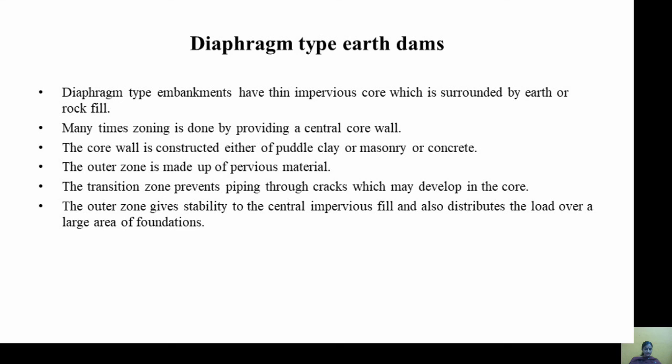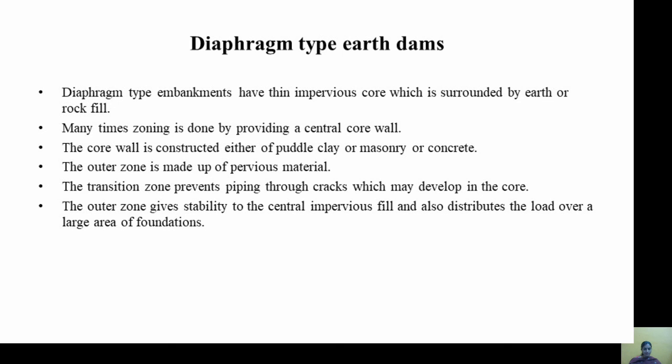Many times zoning is done by providing central cores. The transition zone prevents piping through cracks which may develop in the core. The outer zone gives stability to the central impervious fill and also distributes the load over a large area of the foundation.